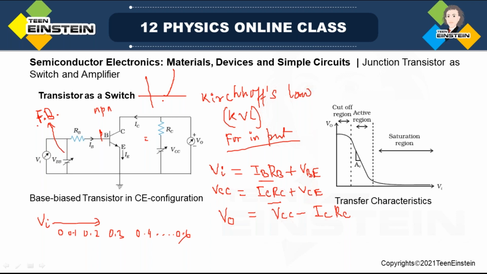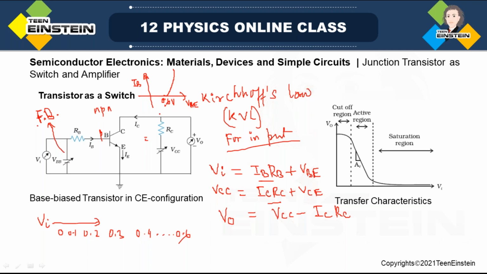But after 0.6 volt, at least for a silicon transistor, the current will actually increase very sharply. This is the input characteristics we have drawn already in the previous class. This is the input characteristics, I versus V, this is VBE.